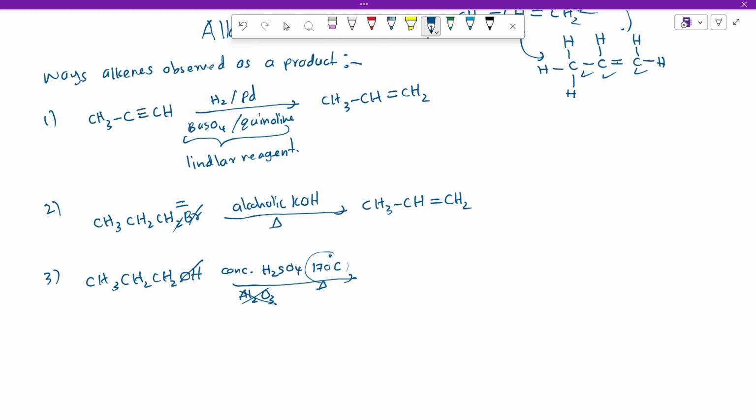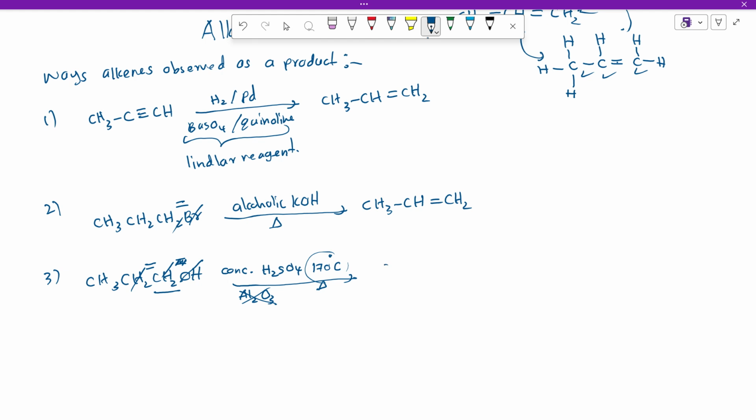That means this OH and another hydrogen from here create a double bond. Sorry, the hydrogen removed from here will create a double bond here. This will remain, okay. Otherwise there will be no elements after the double bond, and no such organic molecules exist in nature.